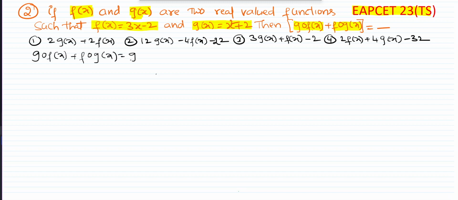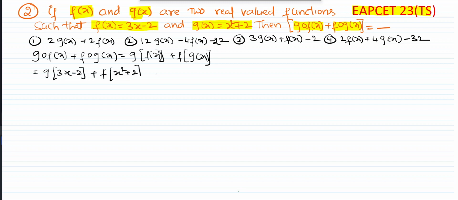This is equal to g of f of x plus f of g of x, that is equal to g of the f of x value, that is 3x minus 2, plus f of the g of x value, that is x square plus 2.